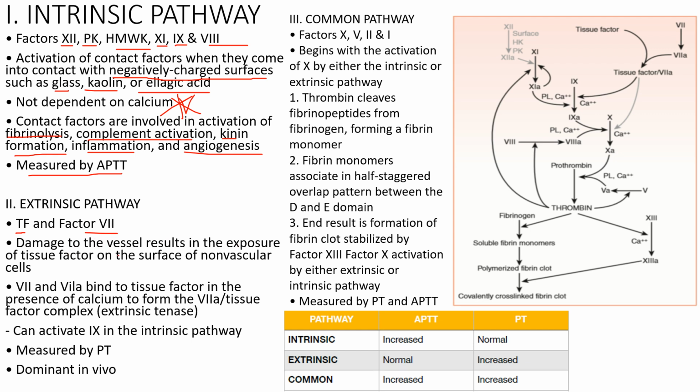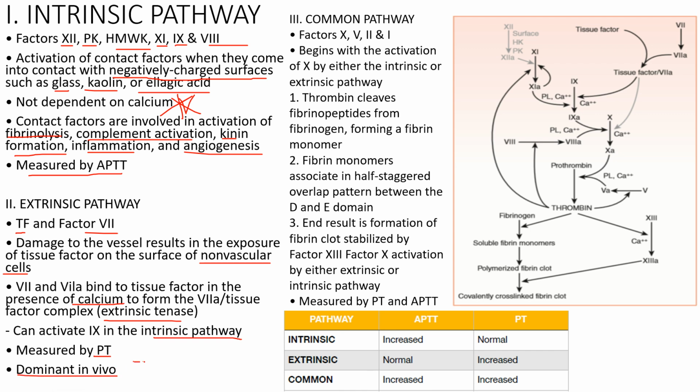Then we have your extrinsic pathway, which would include your factor 3 and factor 7. Damage to the vessel would result in the exposure of tissue factor on the surface of non-vascular cells. Factor 7 and activated factor 7 would bind to the tissue factor in the presence of calcium. So you need calcium for factor 7 to bind to tissue factor, to form the activated factor 7 tissue factor complex, also known as your extrinsic kinase, which can activate factor 9 in the intrinsic pathway, measured by prothrombin time, dominant in vivo.